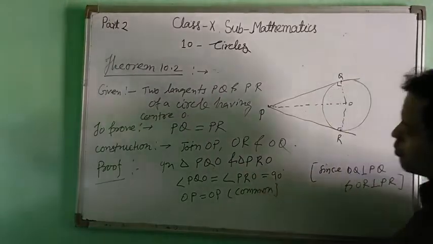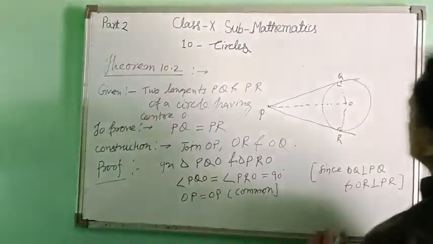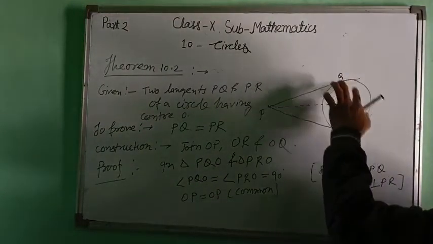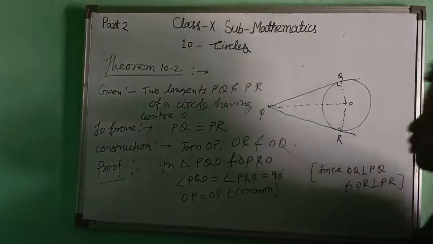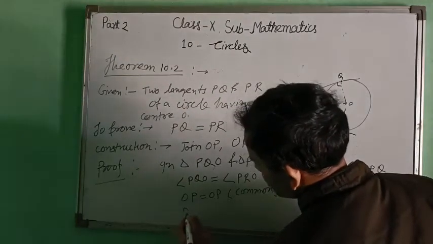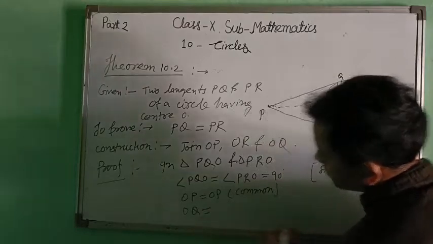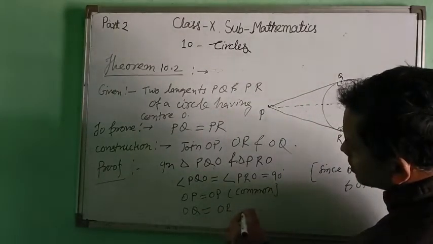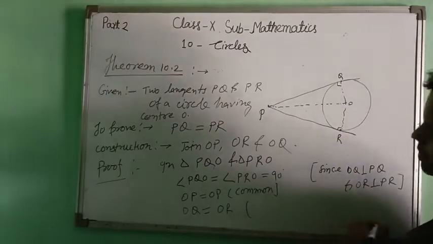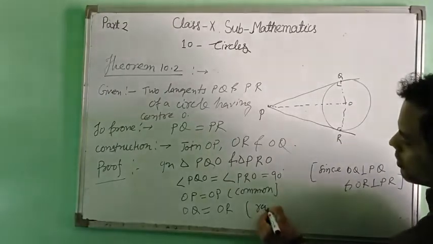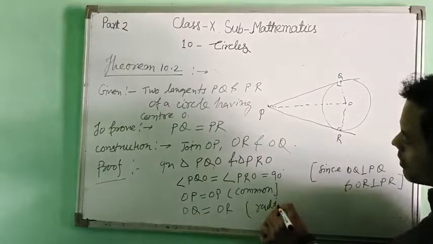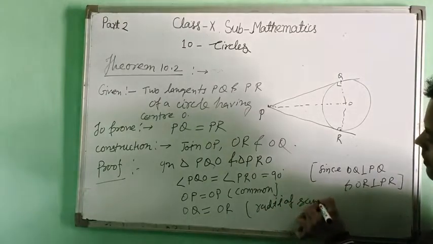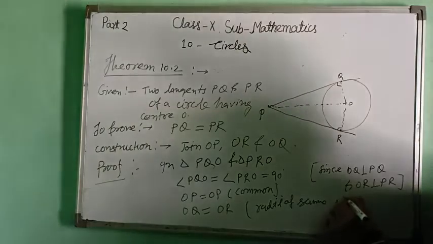Both are common. And look from the figure, OR and OQ both are radii, so we are able to write OQ equal to OR, since both are radii of the same circle.